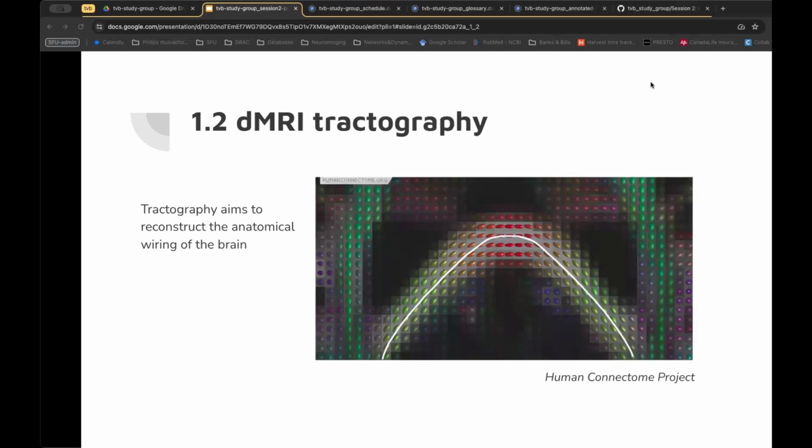And essentially what tractography is, if we boil it down to two sentences, is one, we're modeling the directionality of fibers, and two, we're using those models to try to trace the fiber connections between regions. And this I just grabbed from the Human Connectome Project website.